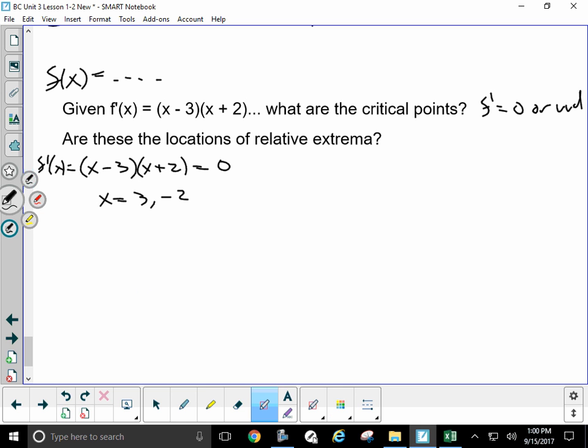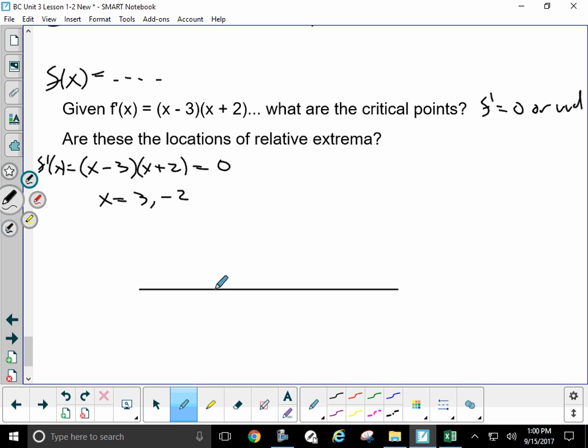I will create the number line that I was talking about. I will plot those two in the correct order from smallest to largest. And above the line, I'm going to look at the signs of f prime. Below the line will tell me the behavior of f.